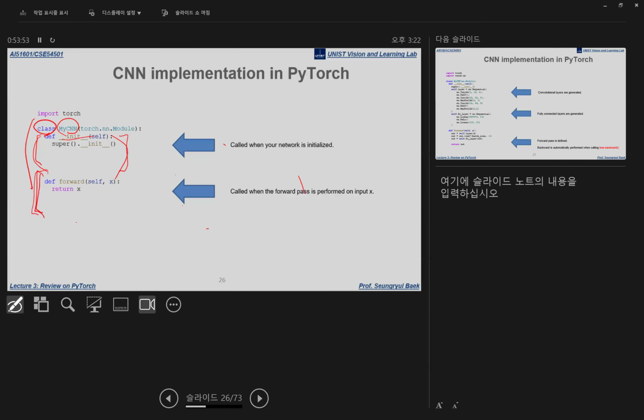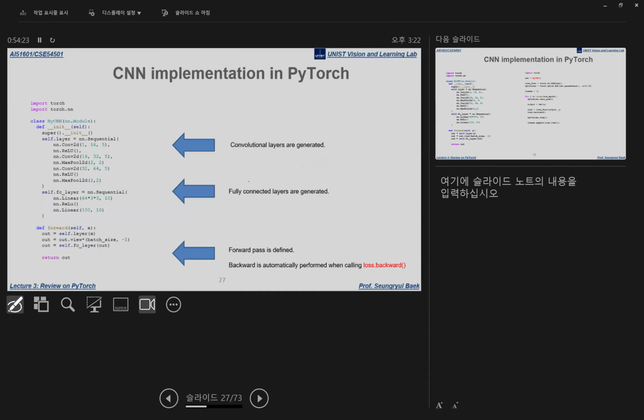The forward method is called when we want to do feed forwarding, when calculating the output value from the input. And because the init part is called when the network is first initialized, we normally implement the network structures there.